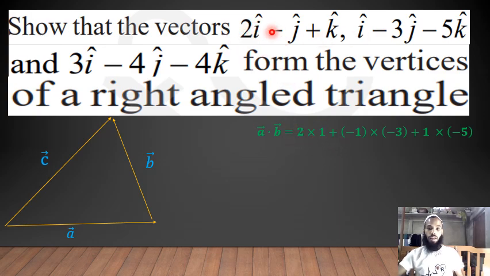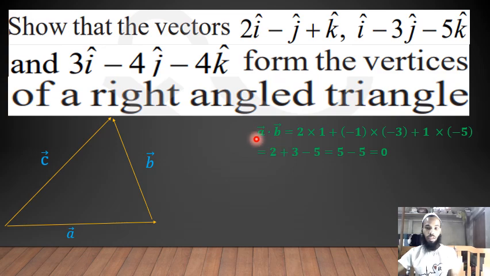Next minus 1 and minus 3, minus into minus is plus, so 3. Next plus k, here plus 1 and minus 5, so minus 5. So 2 plus 3 minus 5 equal to 0.